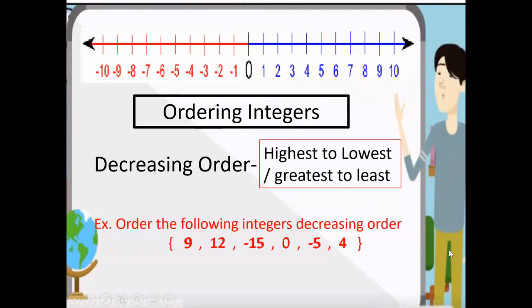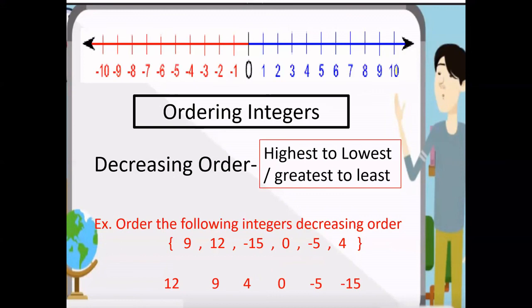Which do you think is the biggest number, the highest number? Yes, you're right. Start with 12, then the next highest number, 9, 4, 0, negative 5, and the last one is negative 15.